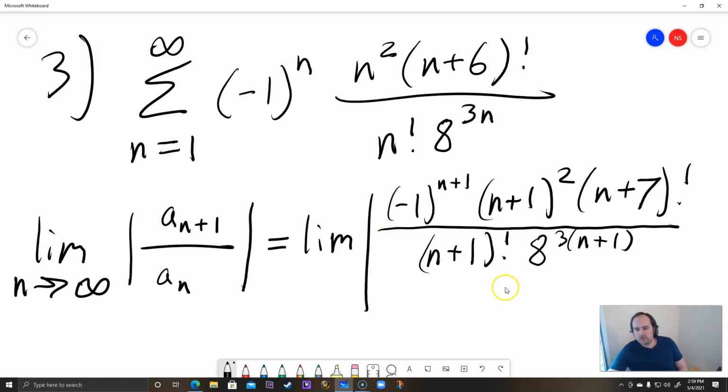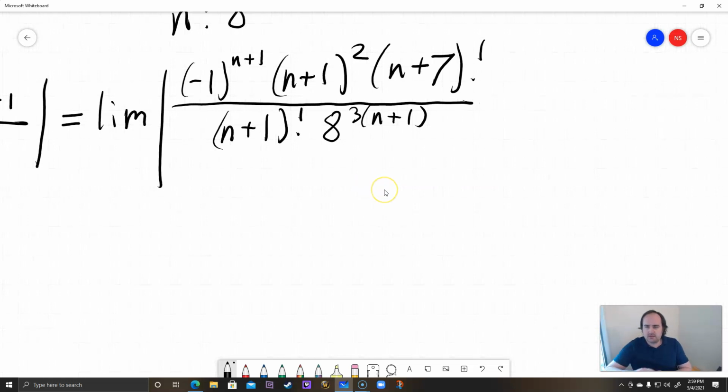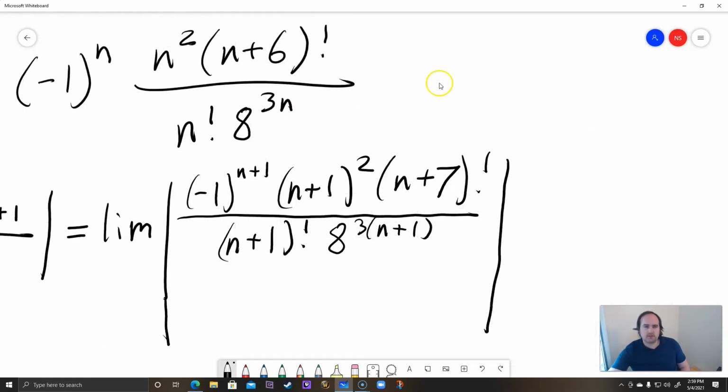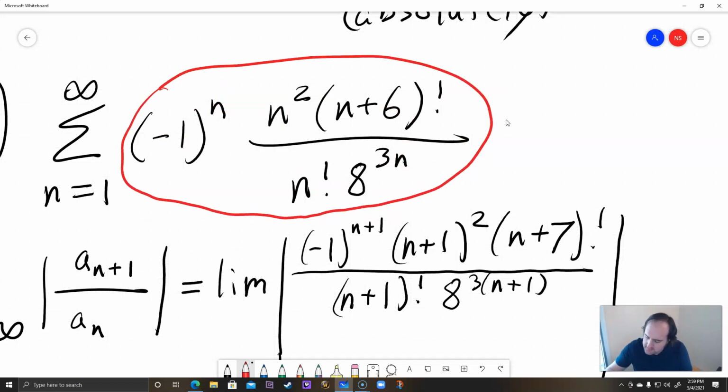So this one's quite a bit more challenging than the earlier ones. And notice when I'm plugging in the n plus 1 for the 8 to the 3n, I put parentheses around the n plus 1. That is important. And that is our numerator. And then our denominator is just going to be the same expression that we started with. So this whole thing is our a sub n.